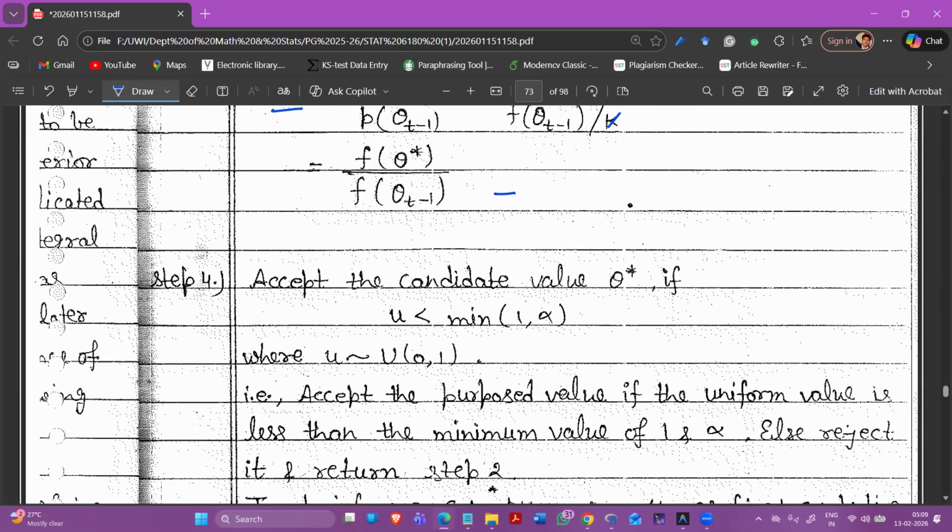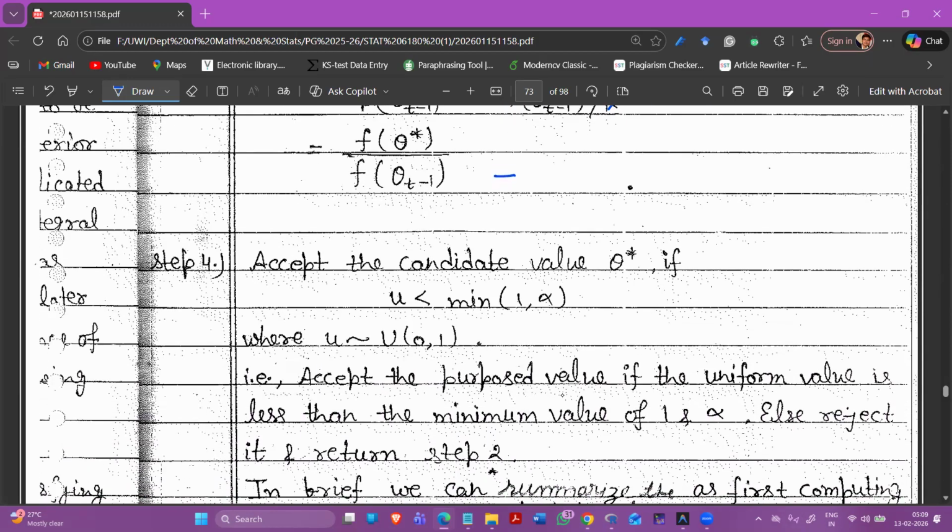After that, how will you accept your theta? To accept your theta, you need to compare your theta star with this condition: u should be less than the minimum of 1 or alpha. So you will generate the value u from the uniform distribution 0, 1, and after that you need to find the minimum between 1 and alpha.